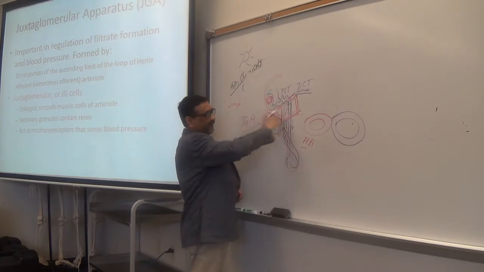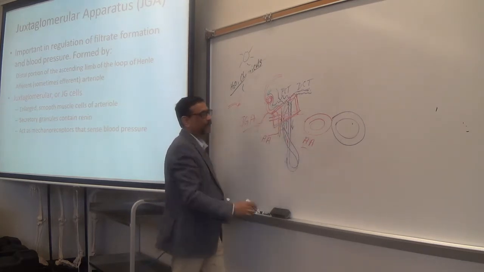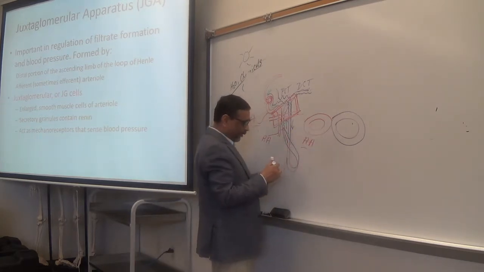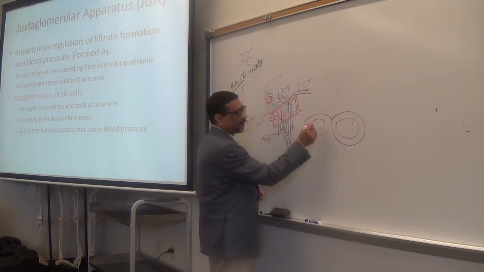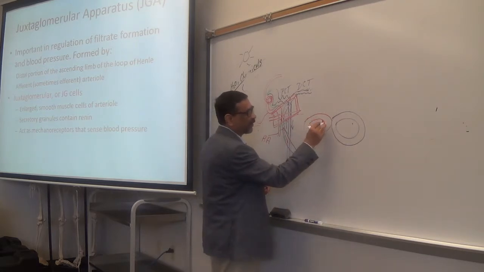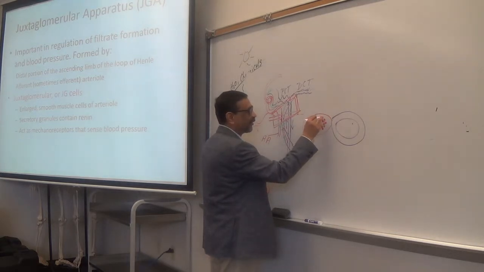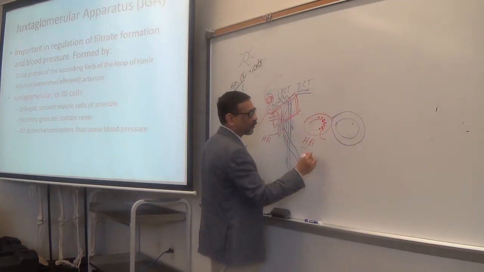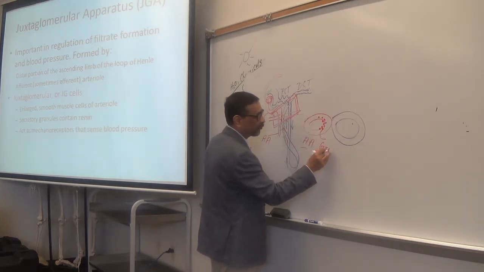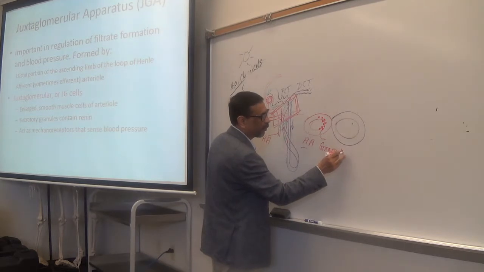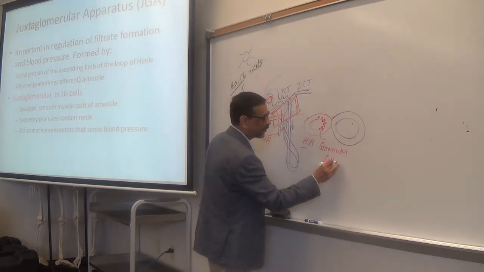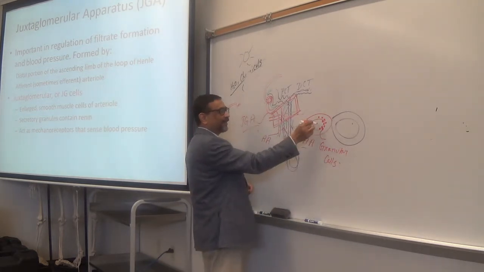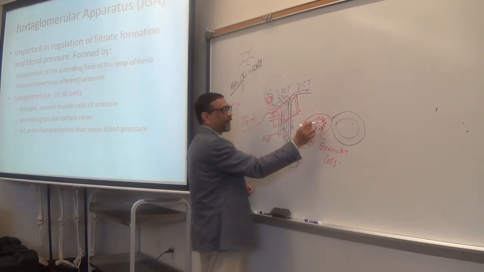So make a slice, I'll see these two. And in the wall of the afferent arteriole, you have a special type of cells, and these cells are called granular cells. These cells secrete renin into the blood.